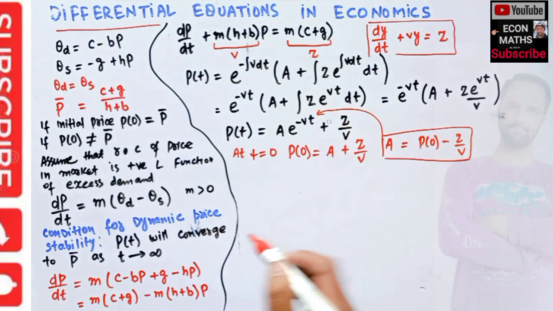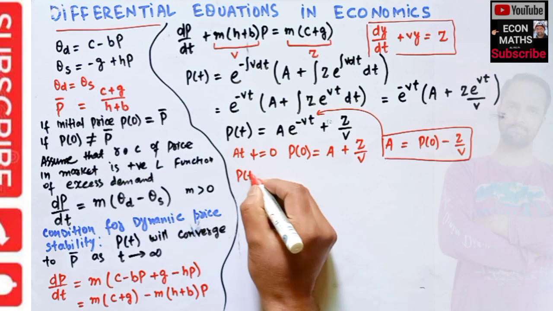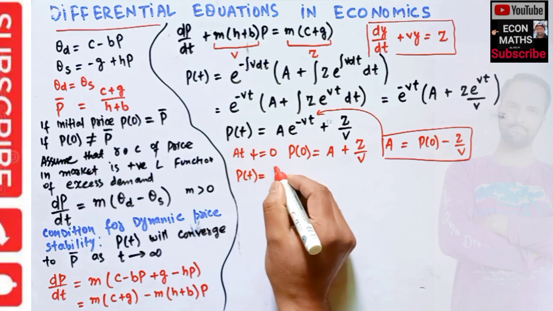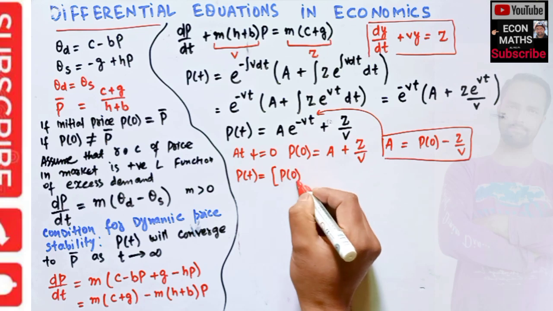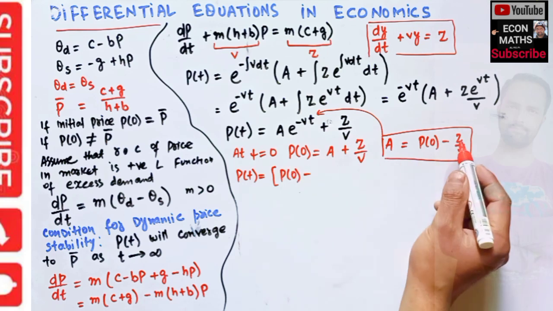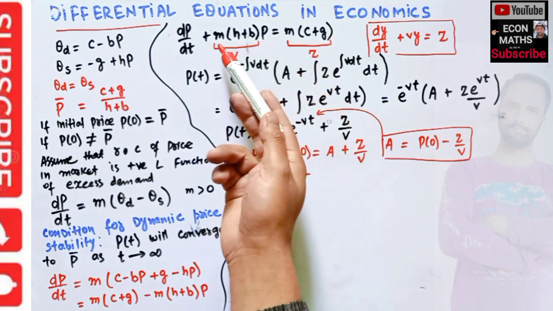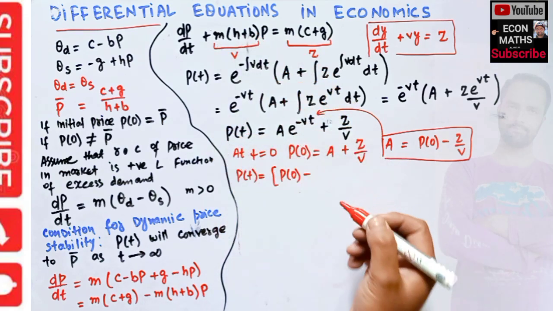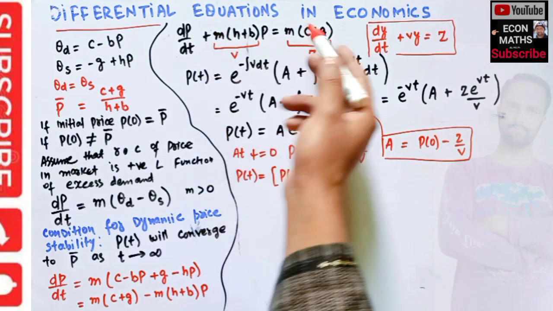Just plug this value again in this equation, so we will get p(t) is equal to, in place of A we have p0 minus, in place of z we know that z is equal to this very thing, m(h plus b) upon v. So m and m will get cancelled.